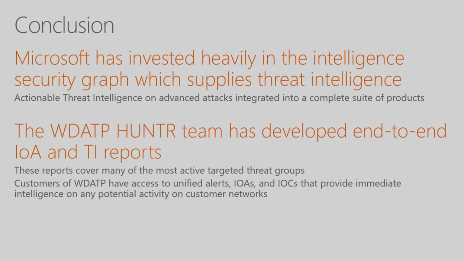And so we believe the combination of specific alerting on an endpoint and then immediate attribution in intelligence is a powerful construct for users to defend themselves. And so we think WD-ATP is really at the top there as far as actionable threat intelligence.